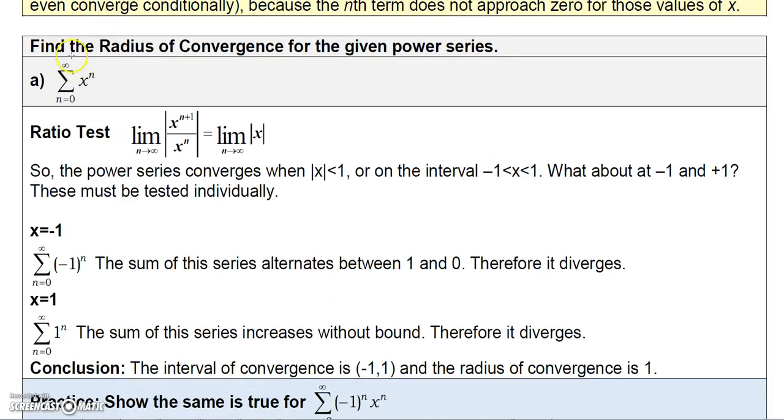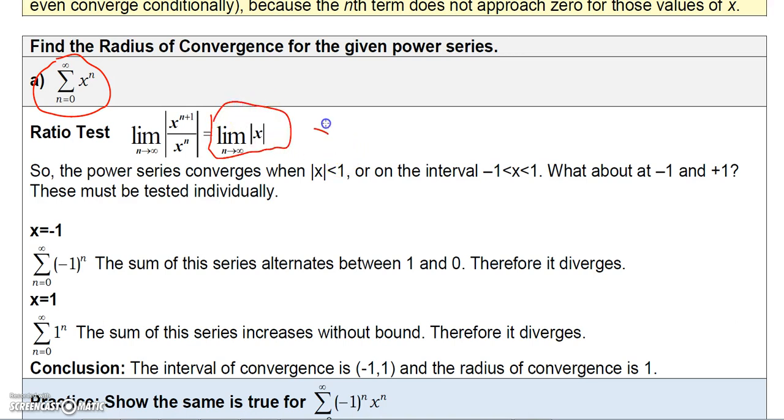Okay, so now let me just do an example and I think you'll understand here. If I wanted to find the interval and radius of convergence for this series, I would do the ratio test. So I would take the limit of the absolute value of x to the n plus 1 divided by x to the n, and if you divide x to the n into x to the n plus 1, you just get x. So that would be the limit of the absolute value of x.